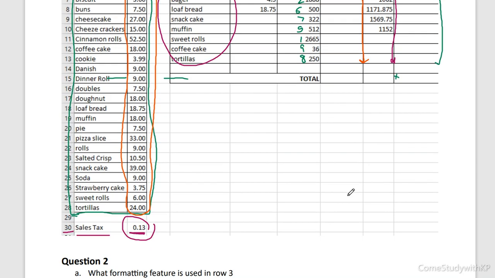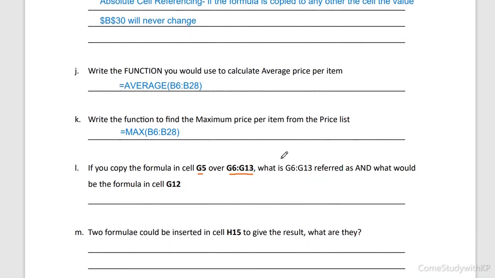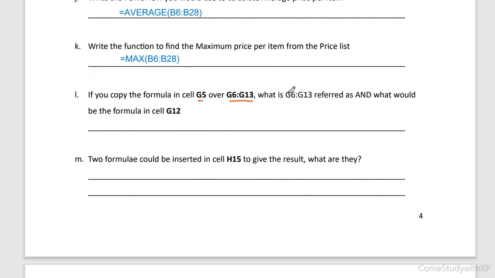We stop there. What is G6 to G13? It is a range. That's the first part of the question.